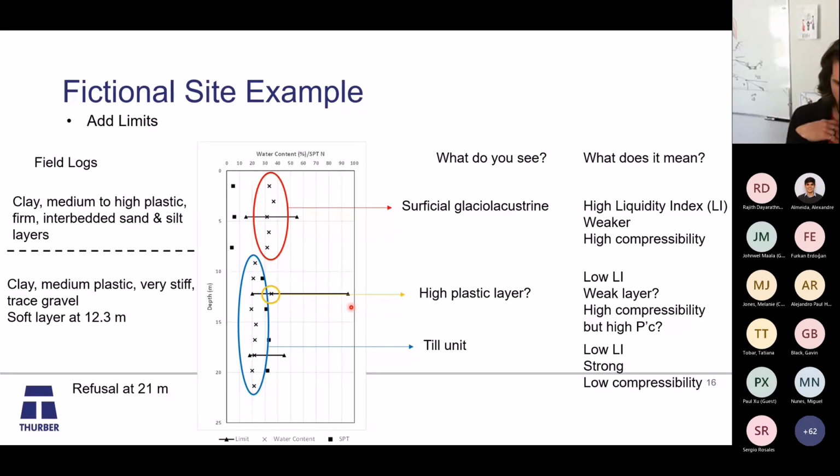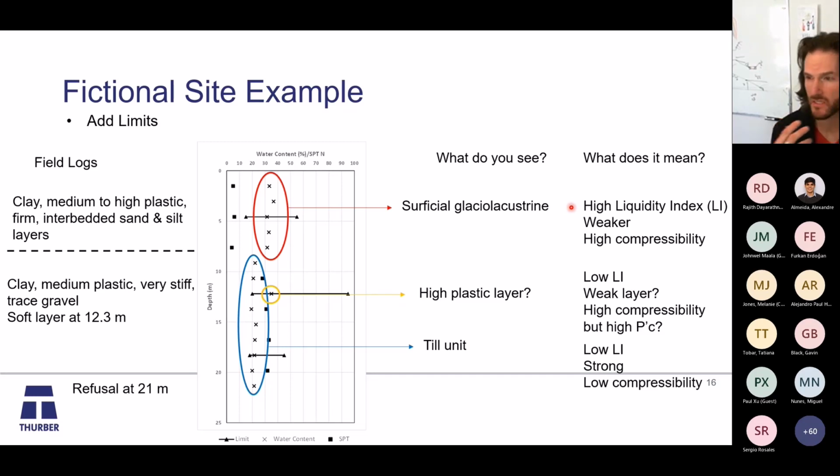So again, we start layering on more data. We start to look at things with more pieces here. So now we're adding in our limits, adding in our SPTs. So does that confirm or does it challenge what we saw?